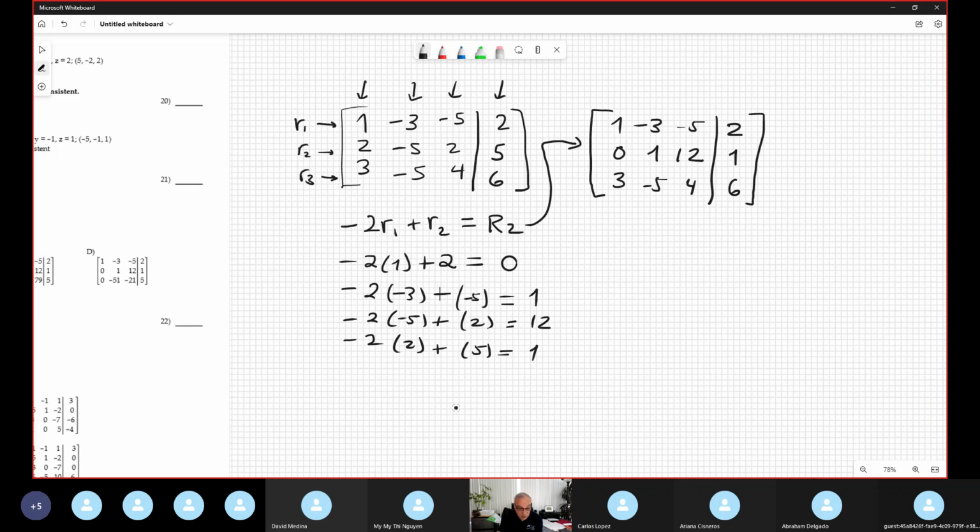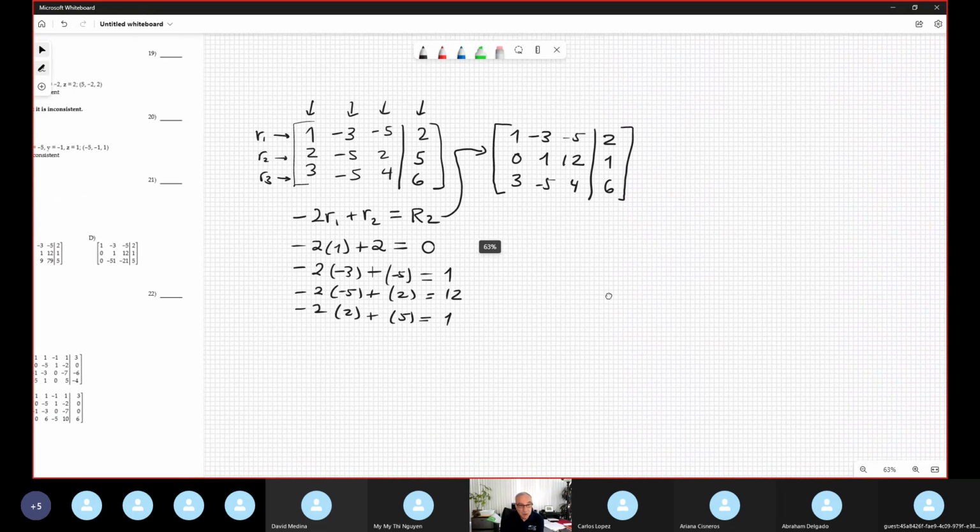Is this idea clear or confusing? Yes, clear, right? So, unfortunately, you need to do this by hand. It's not possible in the software.